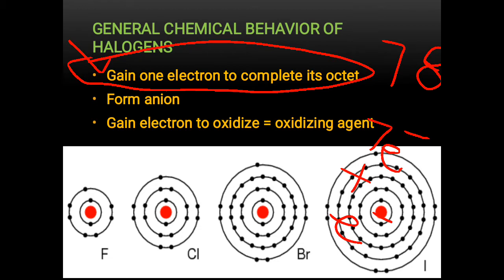So halogens prefer to reduce by gaining one more electron to form their stable anions, and when they gain one more electron, they become the reason for oxidation of the other species. So halogens chemically react by gaining one more electron. They reduce themselves but oxidize the other.